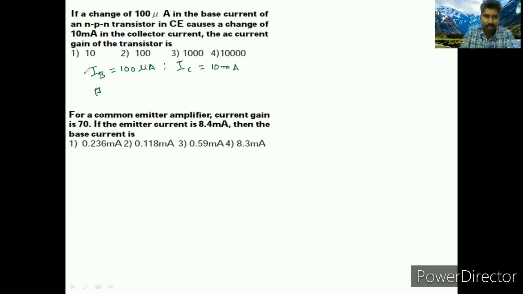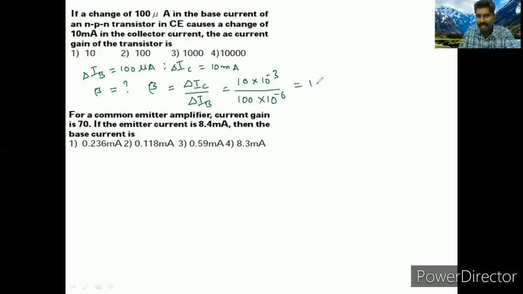They gave change values, so beta is equal to the change in the collector current by change in the base current. Change in the collector current value is 10 into 10 to the power of minus 3, by 100 micro, which means 10 to the power of minus 4. So we get 10 to the power of minus 2 by 10 to the power of minus 4. We can get 100 as the answer, the beta value.